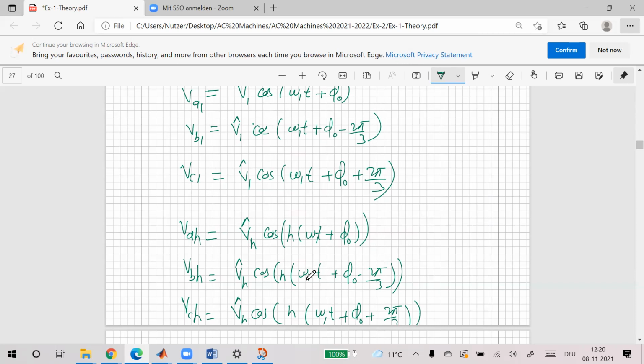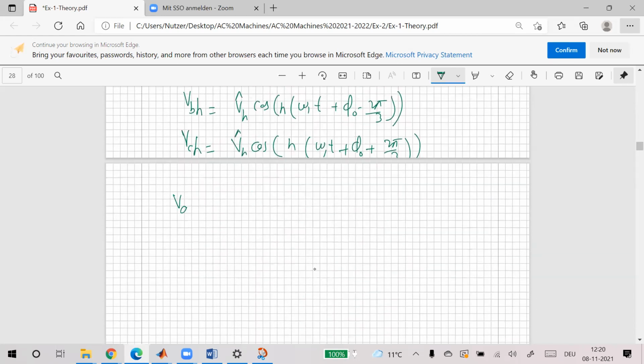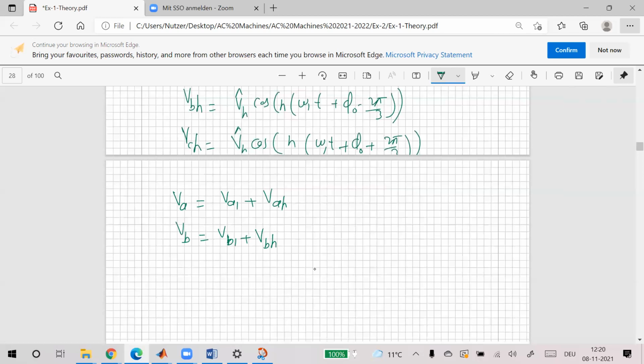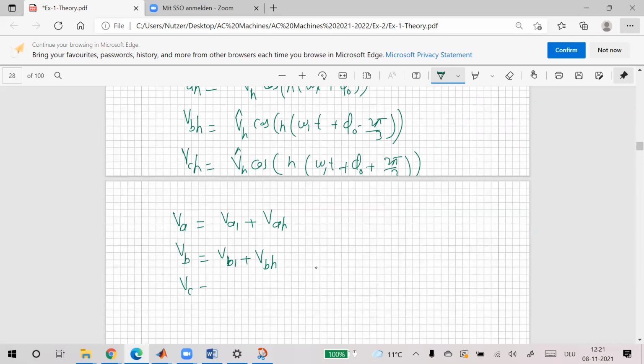So in our system we can have harmonics, we can have fundamental component also. True? So what we can write is, we can write VA as VA1 plus VAH, VB as VB1 plus VBH, then we can write VC as VC1 plus VCH.